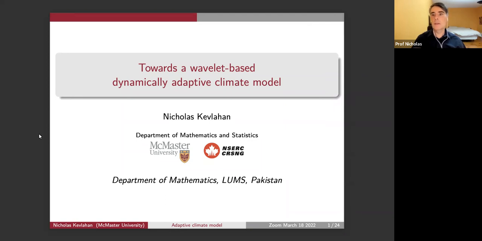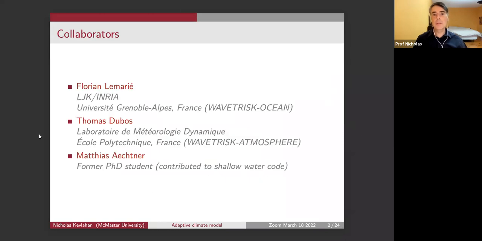If you're familiar with AMR, which is used a lot in, for example, cosmology type calculations, it's an alternative to that. This is joint work with a couple of collaborators in France. Florian Lemarié, who's in Grenoble, has been helping me with the ocean part of the model.